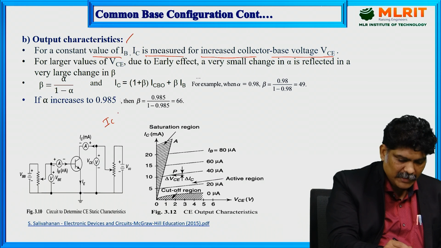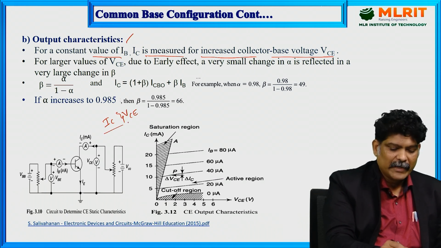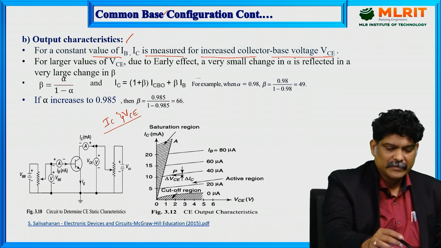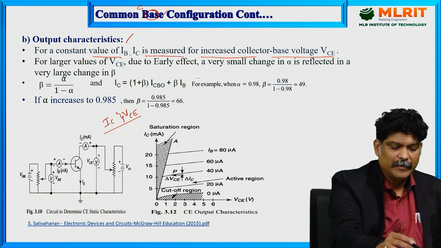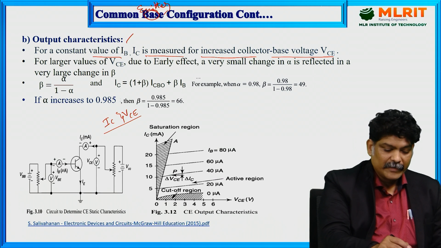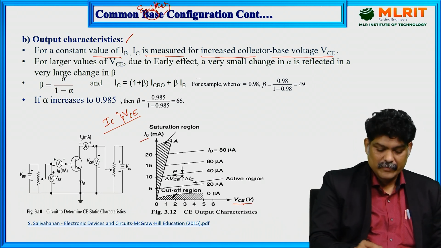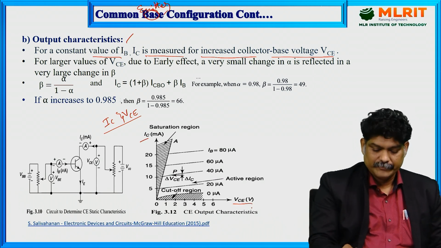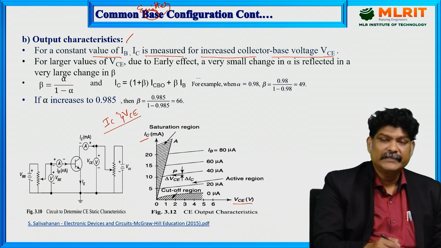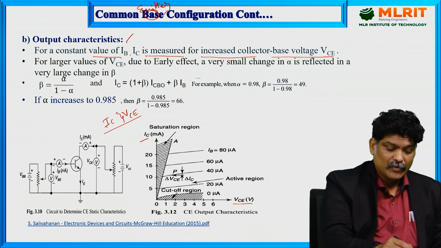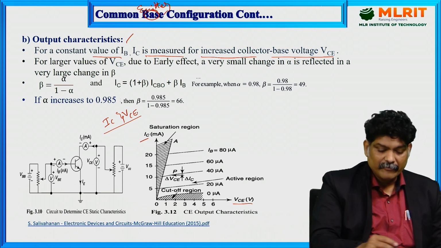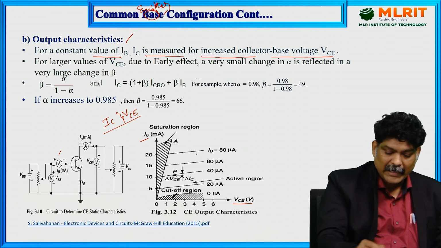IC and VCE. So it is the graph drawn between IC and VCE, with VCE on the x-axis and IC on the y-axis, IC versus VCE for fixed values of input current IB.